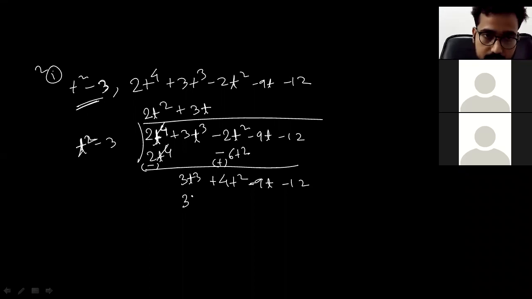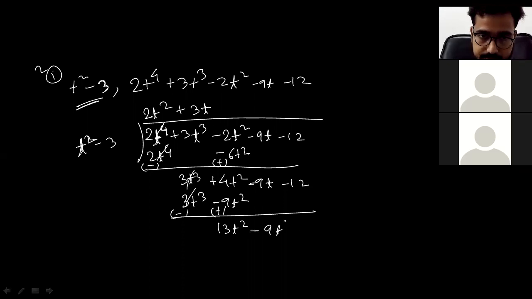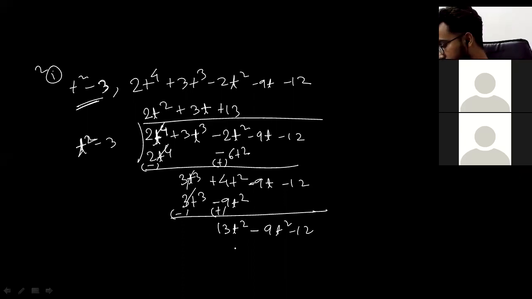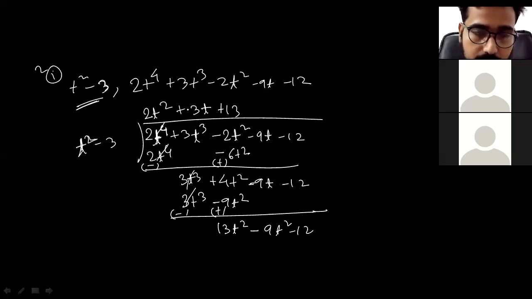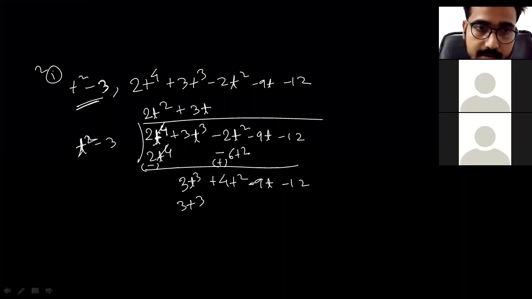So it will be 3t cube, minus 3 into 3t, so it will be minus 9t, not 9t square. Let me correct this: when you multiply 3t with minus 3, it will be minus 9t, only minus 9t.